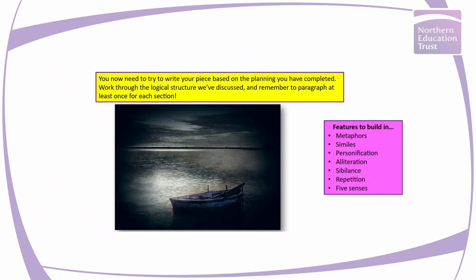So it's to be encouraged that students begin to deviate away, that they begin to build in features like metaphor, simile, even alliteration, sibilance, to really think about the sound effects created by their writing. But it's that opportunity for students now to take ownership of their writing because they've seen such a secure style model previously, they will be able to feel a bit more confident in taking risks and developing their writing further.